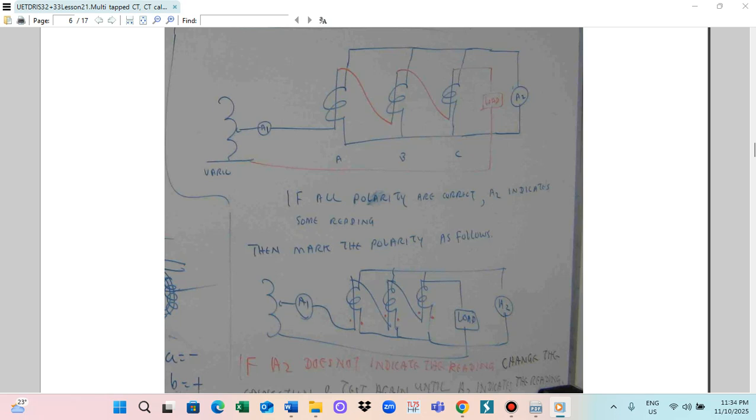So how do we know the polarity? In this connection, this one is the secondary with the ammeter, and they are combined.